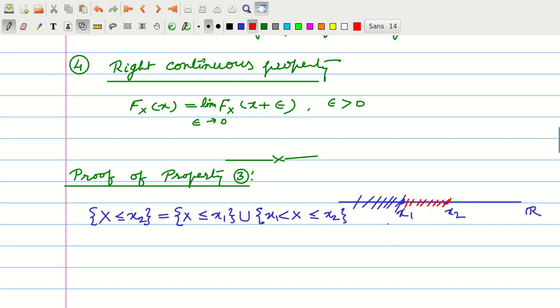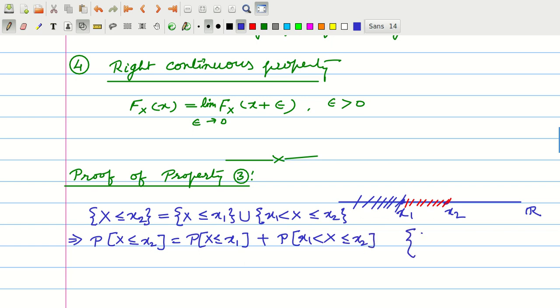These are two mutually exclusive events, and therefore when we take the probability on both sides, we can apply the additivity axiom of probability and directly write probability of X less than or equal to x1 plus probability of X strictly greater than x1 and less than or equal to x2.